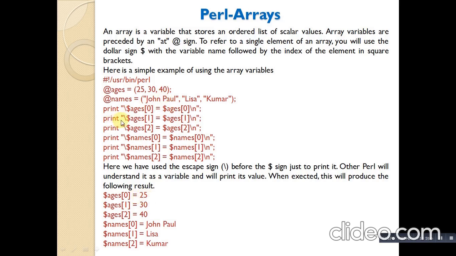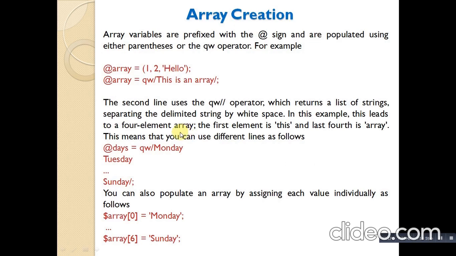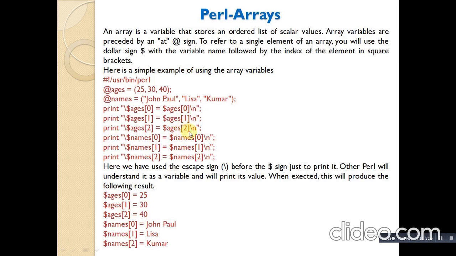Similarly, the second print statement also prints the dollar symbol as usual because of the escape sign. Now you can see ages of 1. The value of ages at index number 1, that is 30, is going to print. Similarly, index number 2's value, that is 40, is going to print.